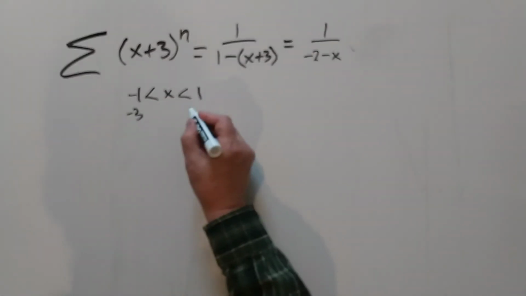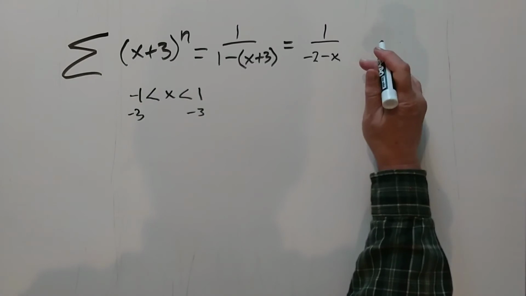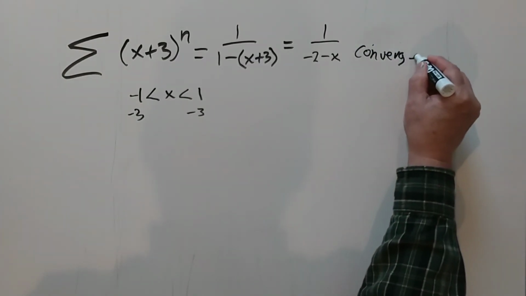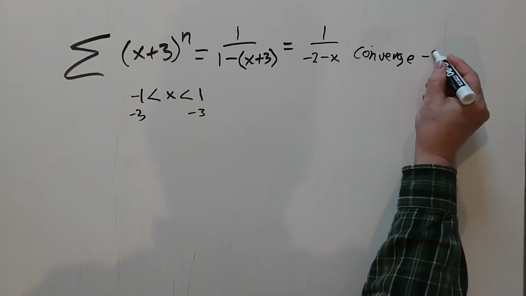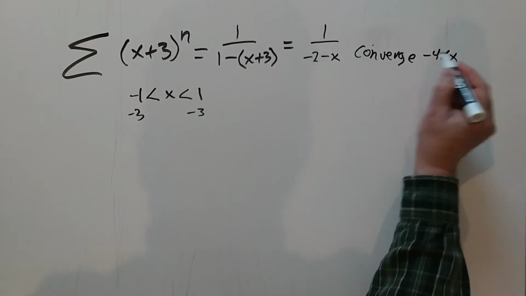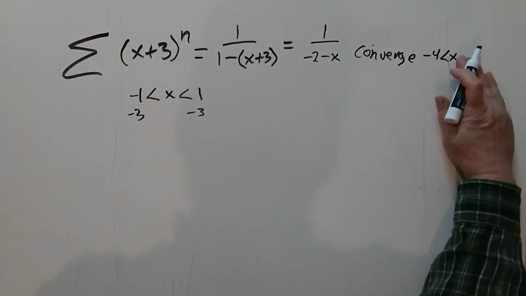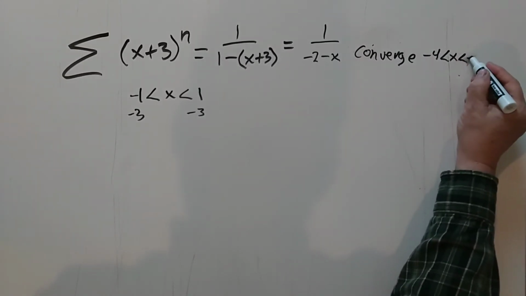So we'll shift each of the endpoints negative 3, and that gives me that this will converge over the range. 1 minus 3 is negative 2, and negative 1 minus 3 is negative 4. So x will converge between negative 4 and negative 2.